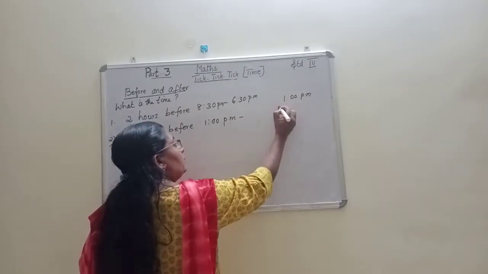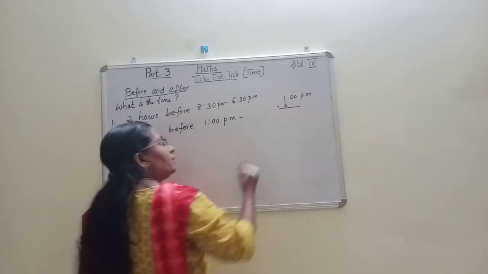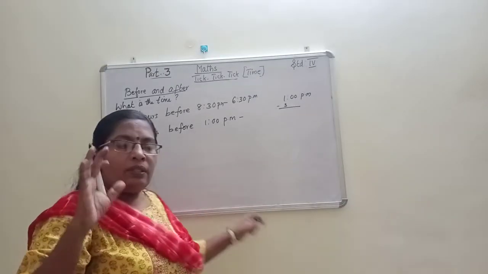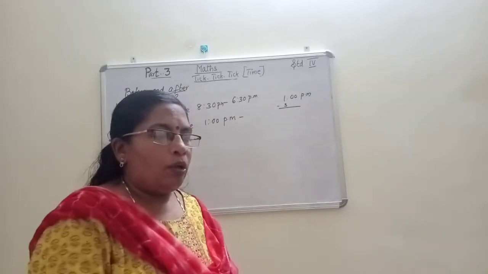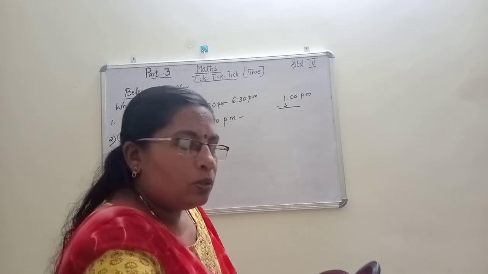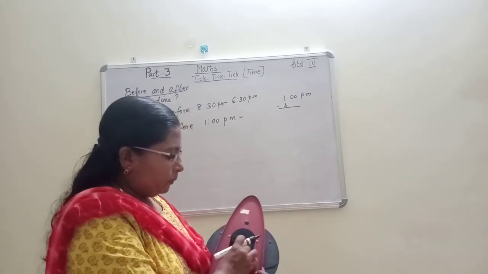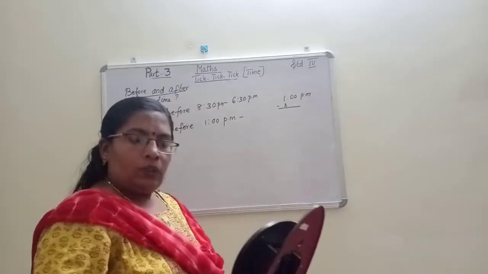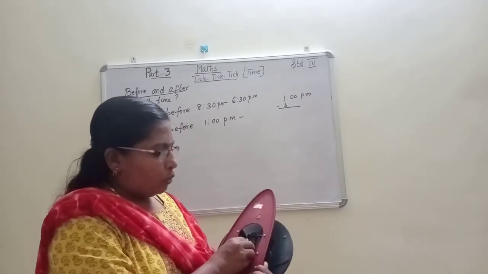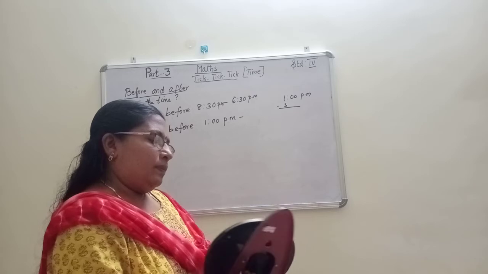Before 3 hours, minus 3. What is the time? Assume the clock shows 1 o'clock.